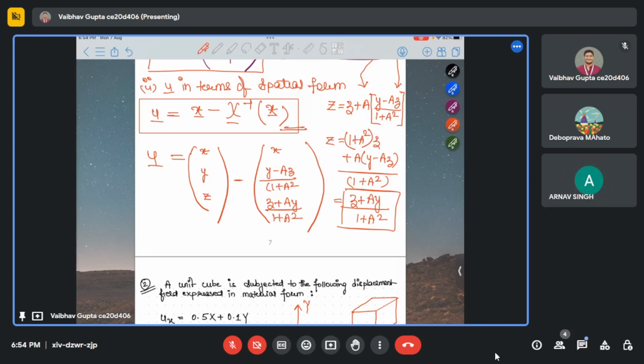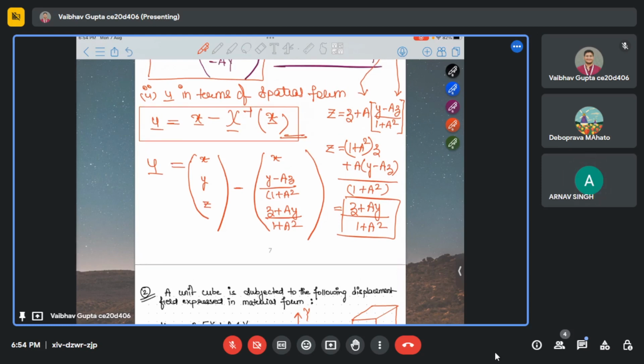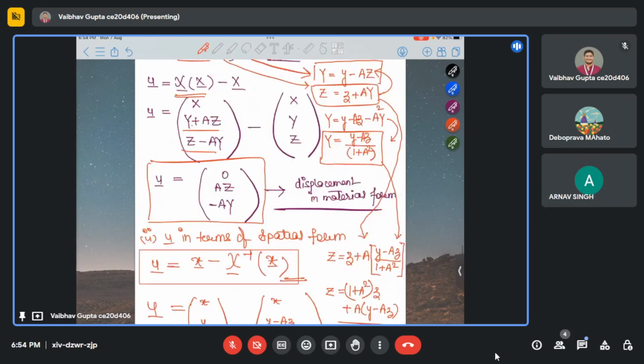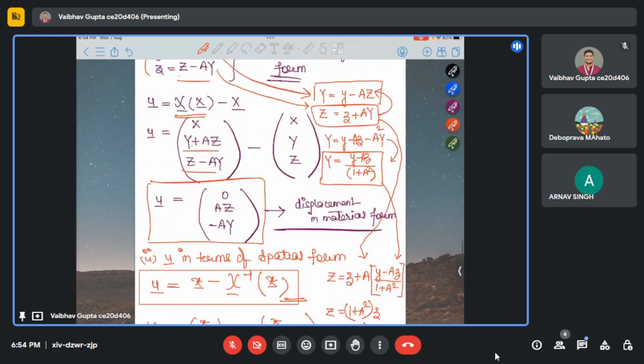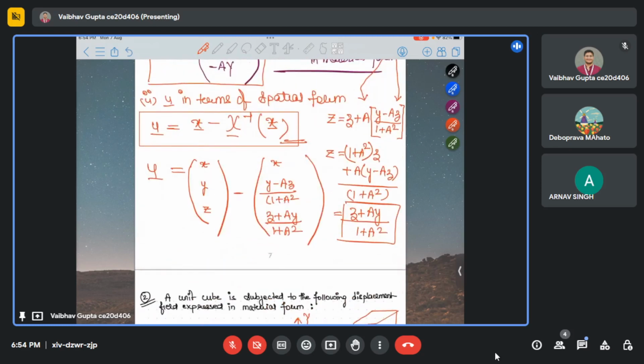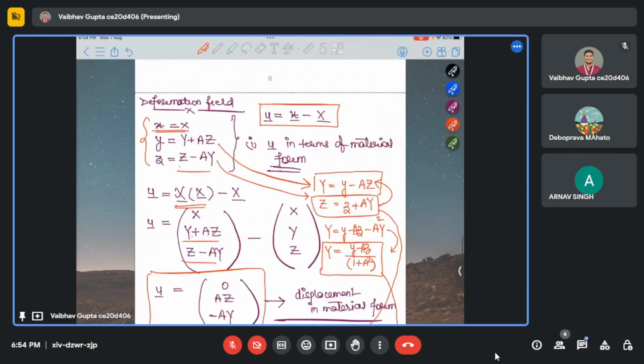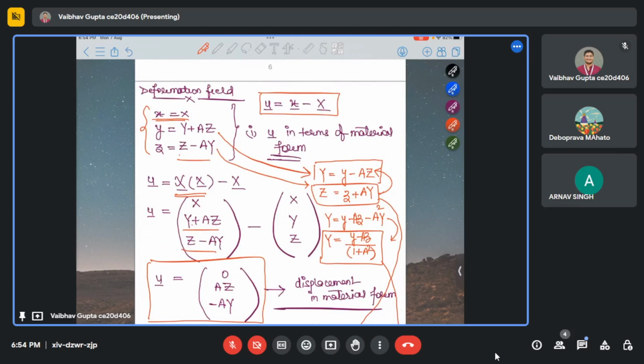Now we subtract with the deformation field. Here capital X is related to small x, so we simply write small x here in terms of capital X. Now capital Y is not simply related to small y. We need to do some calculation. Capital Y is small y minus A capital Z, and capital Z is small z plus capital AY.